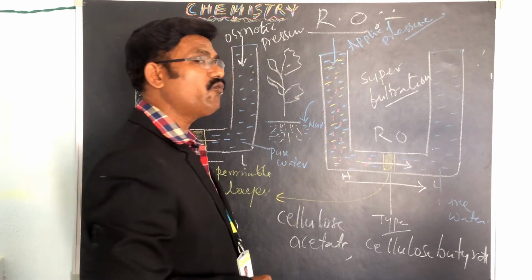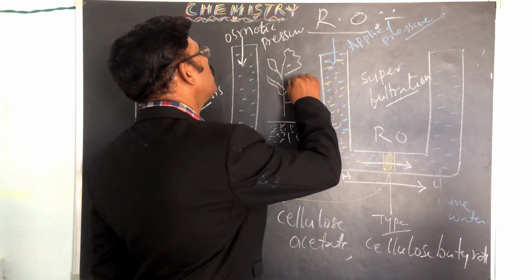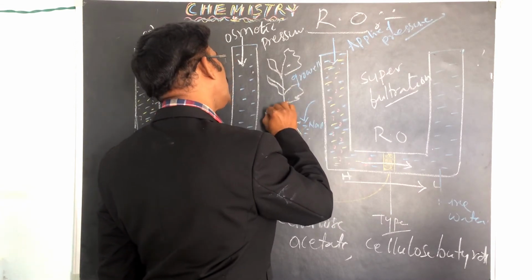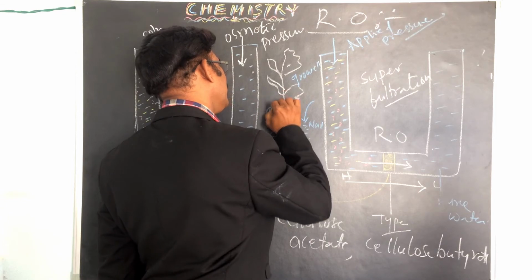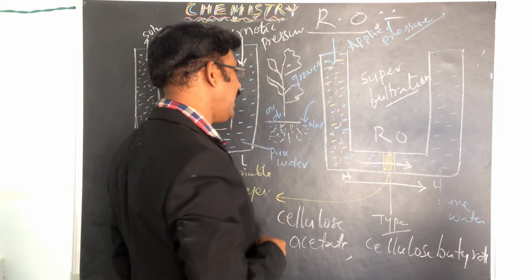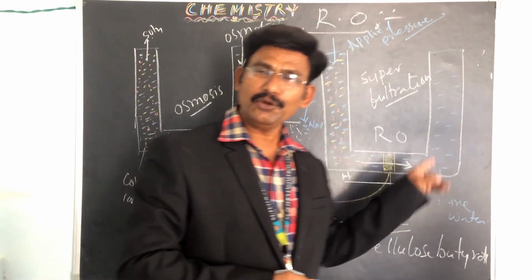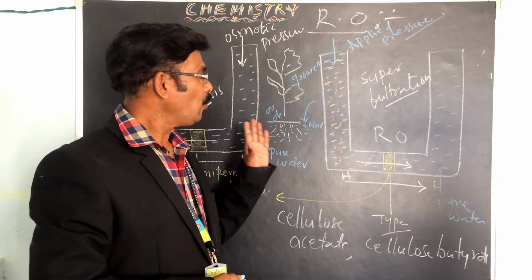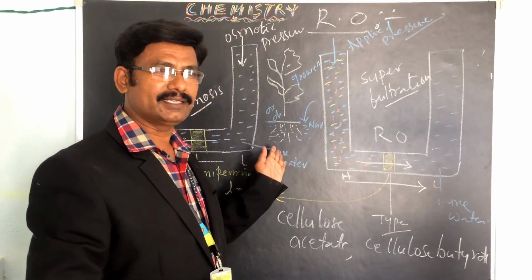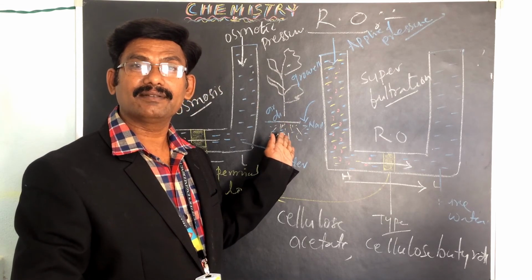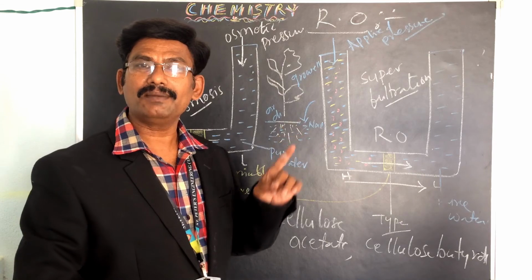What happens? Does it grow well or die? You know osmosis, so what osmosis occurred in this case?